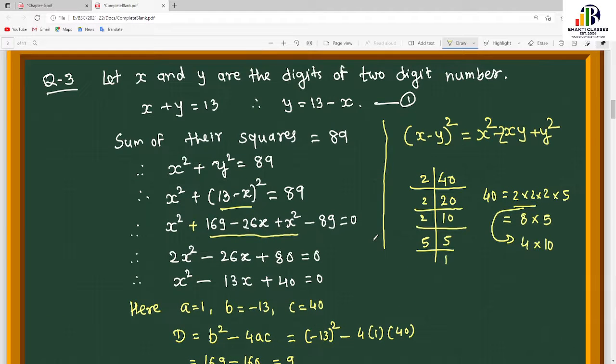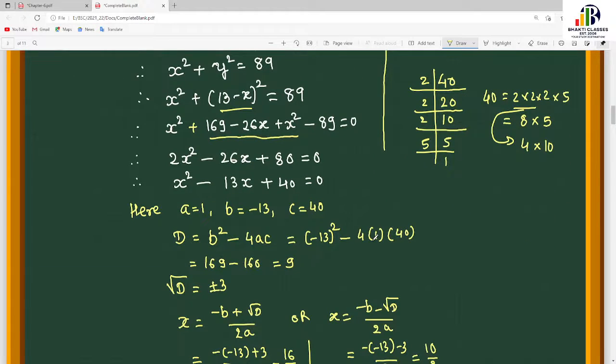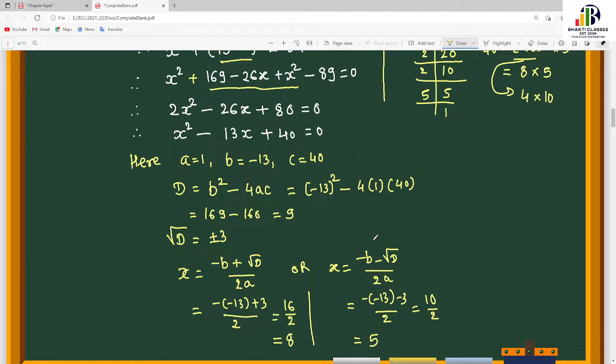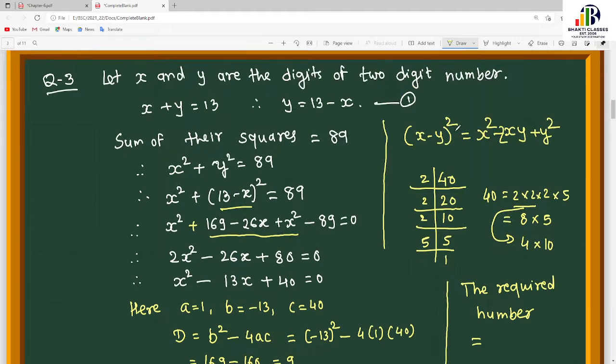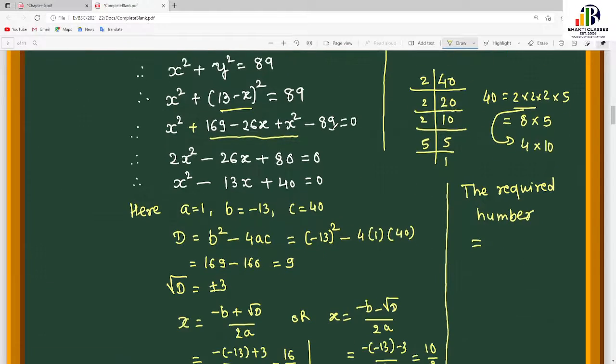Okay, so the required number is equal to, see, we have taken one digit as x and the other digit as y.